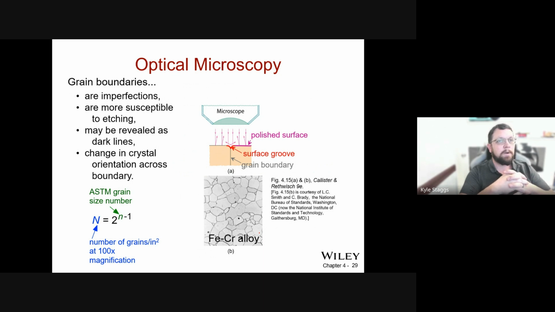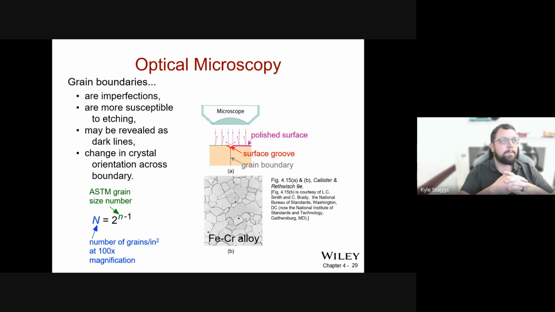So there really aren't exactly dark lines like that existing. Those are an artifact of the process that we have to use to be able to see them. It's a little tricky. But the changes in the crystal orientation across that boundary create some of the differences in how light is refracted or reflected across that boundary.